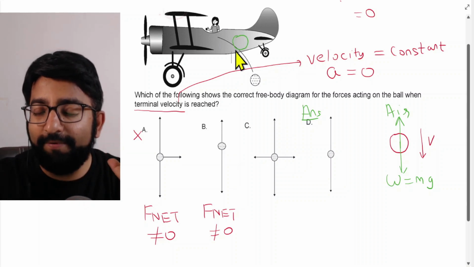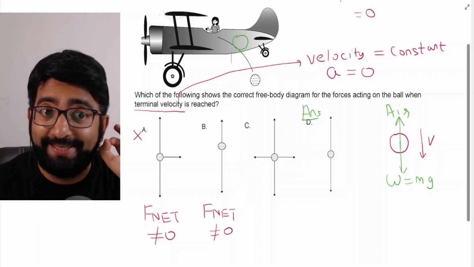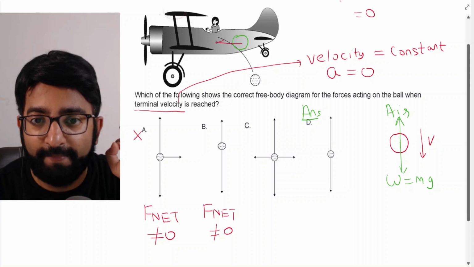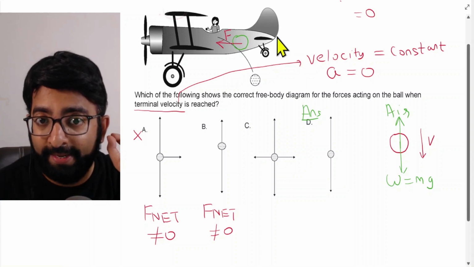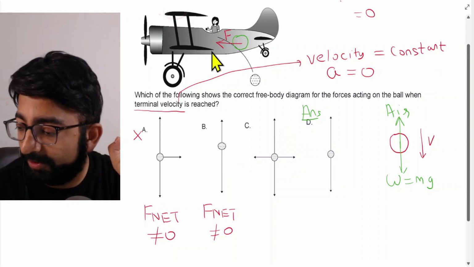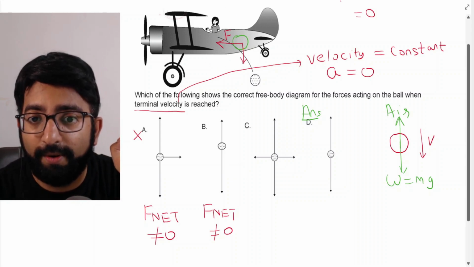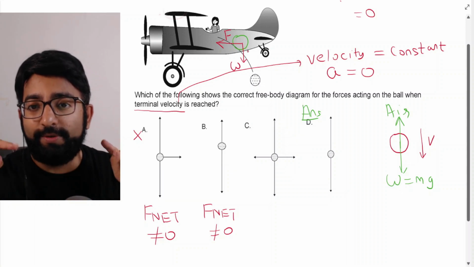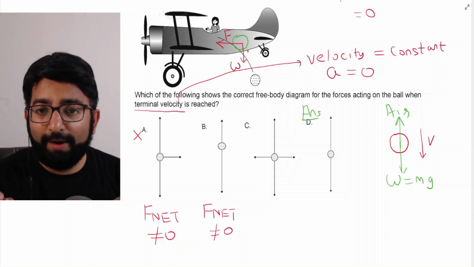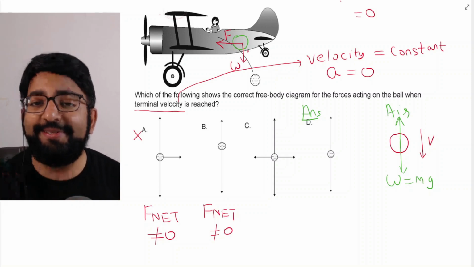Now the aircraft is moving to the left hand side, which means definitely the ball is experiencing a force towards the left hand side. So this F, which I have drawn, is the force acting on the ball because of the aircraft. Apart from this force, we have the weight W of the ball acting downwards. Now, the catch here is we are supposed to draw the free body diagram once the ball has exited the aeroplane.